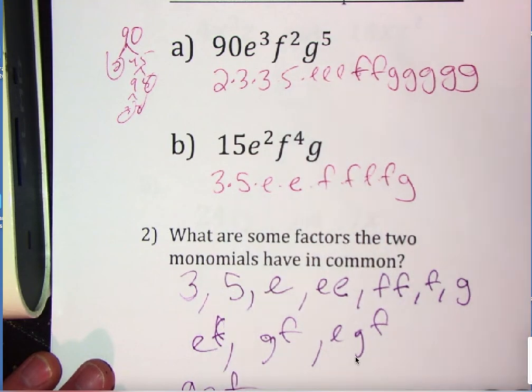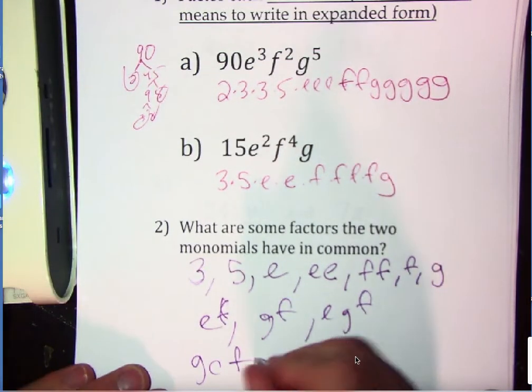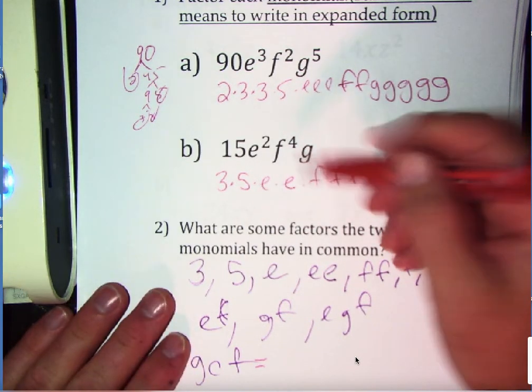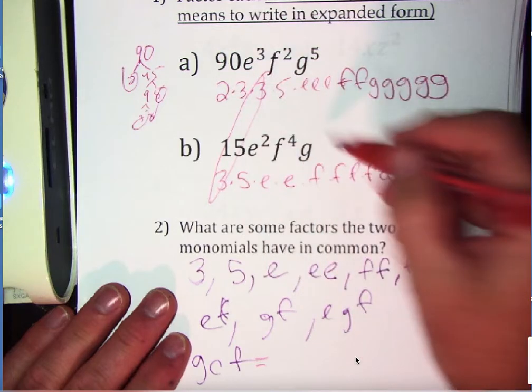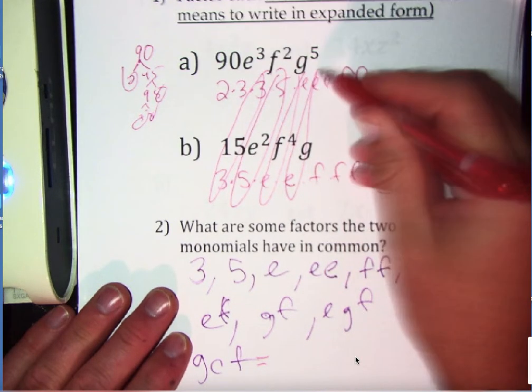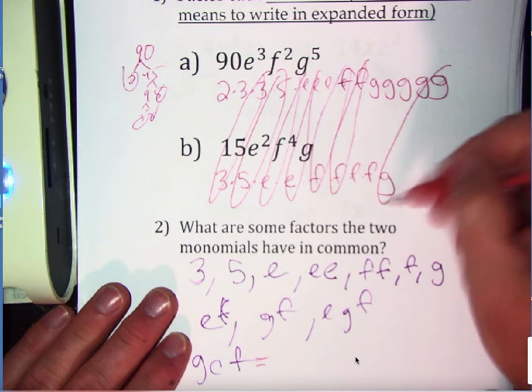We already stretched it out. We talked about it. You did it yesterday. So how do we find the GCF? Well, up here we circle what they both have. So they definitely both have a 3, and they have a 5, and they have E's in common. They have 2 F's in common and 1 G in common.